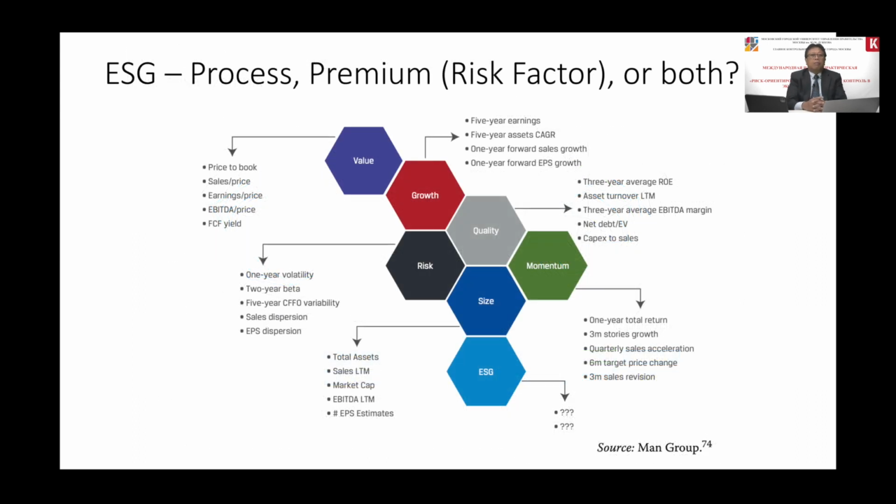Now, let me repeat my previous slide to show that the ESG process has considered both the process factor and the premium risk factor. In this case, ESG is about both creating value through premium and risk reduction.